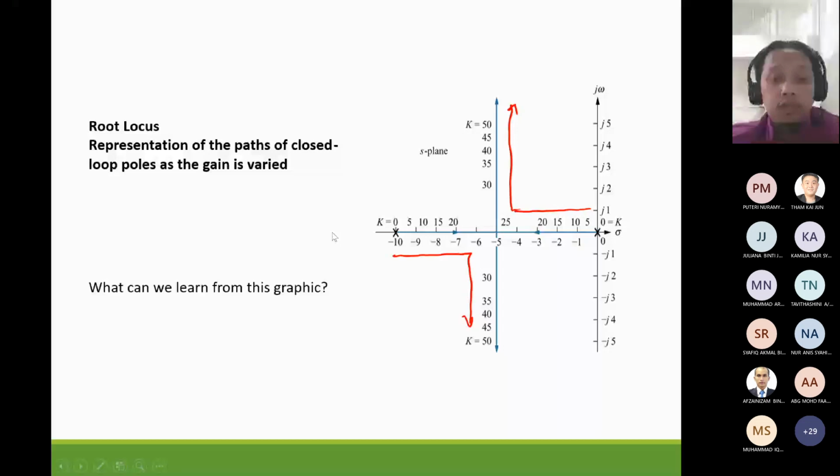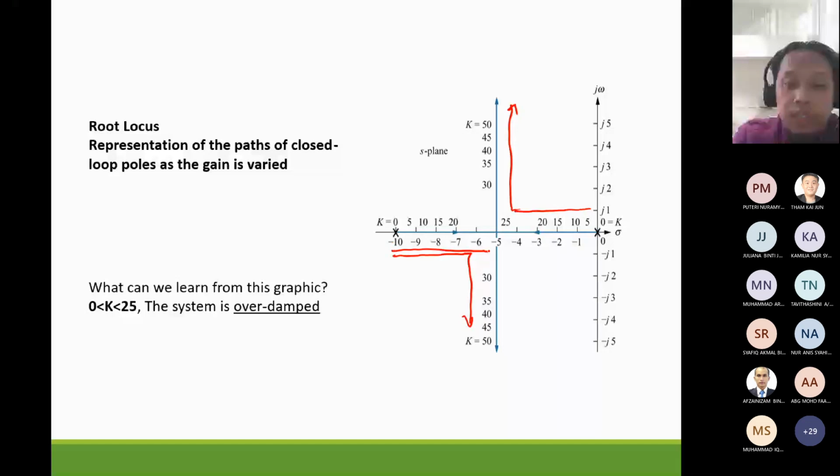So what can we learn from this graph? For K from 0 to 25, within this range here, the system is overdamped. You can prove this by using MATLAB. When you use MATLAB, you can plot the time response, and you see that from K equals 0 to 25, the system will be overdamped.